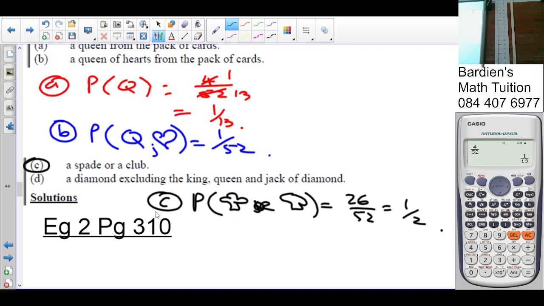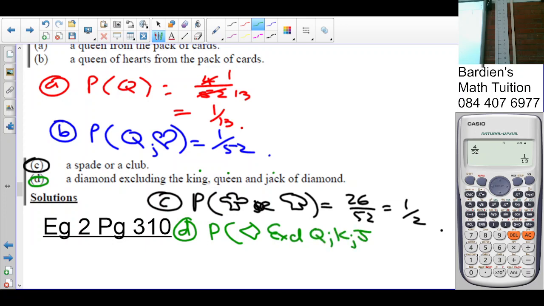It says in D, a diamond. How many diamonds are there? 13 diamonds. Excluding, what does excluding mean? Besides, or not. King, queen or jack? 10. So D is the probability of it being a diamond excluding queen, king, jack.